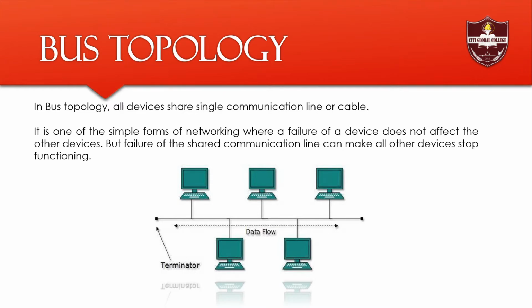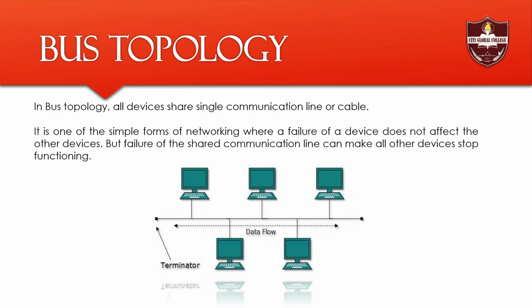In bus topology, all devices share a single communication line or cable. Bus topology may have problems while multiple hosts send data at the same time. Therefore, bus topology either uses CSMA/CD technology or recognizes one host as bus master to solve the issue.